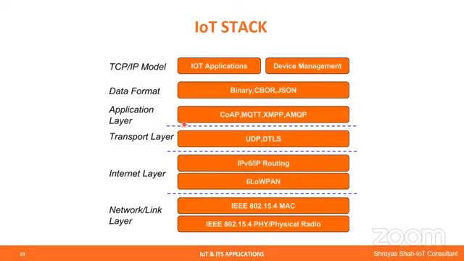First of all, it has data transfer protocols: CoAP, MQTT, AMQP, XMPP. These protocols carry JSON-based or CBOR-based data that is to be transferred from the transport layer to the mobile application. Why do JSON or CBOR come into the picture?